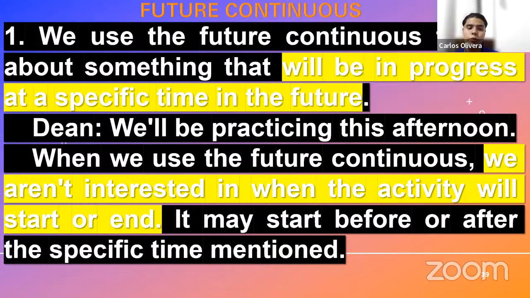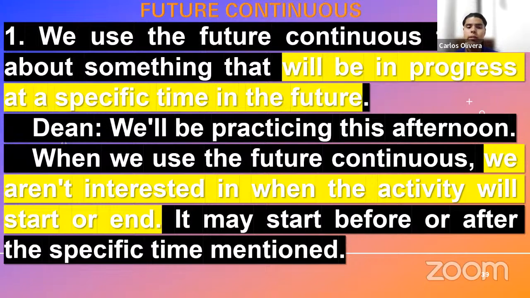Let's see an illustration. Dean, for example, says, "We'll be practicing this afternoon." Look at this sentence and notice that when we use the future continuous, we are not interested in when the activity will start or end. It may start before or after the specific time mentioned.